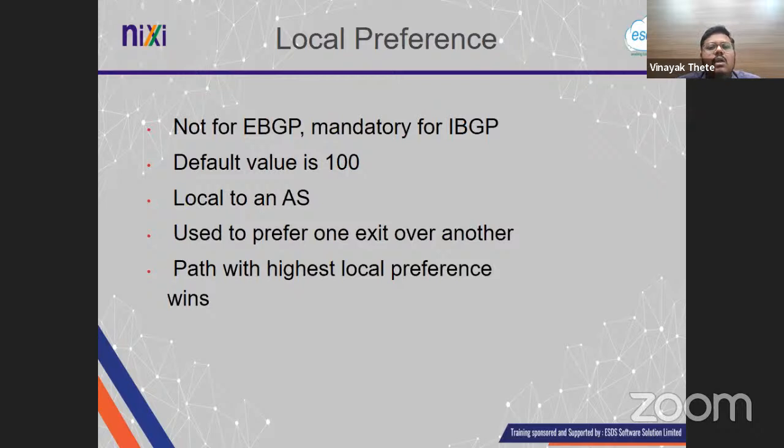Local preference has to be set inbound on the routes being received, to influence the outbound routing behavior. A higher local preference is preferred, and on most devices 100 is the default value for local preference.